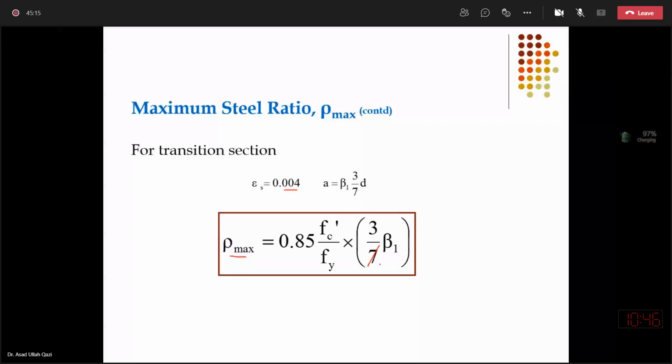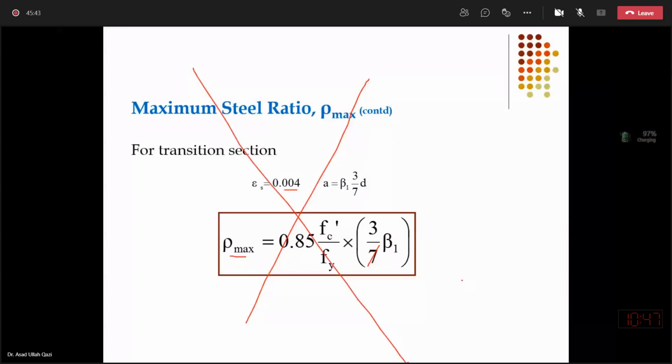But in the latest code, there is no such assessment required, so you can even ignore this calculation. As per the latest code, I will tell you on the last slide what they suggest to classify the cross section.